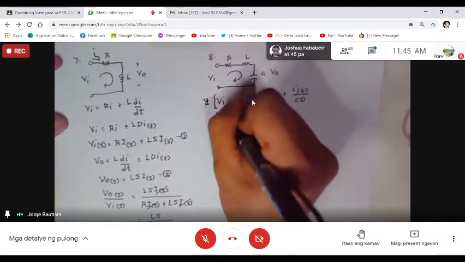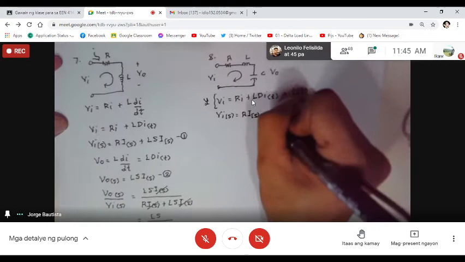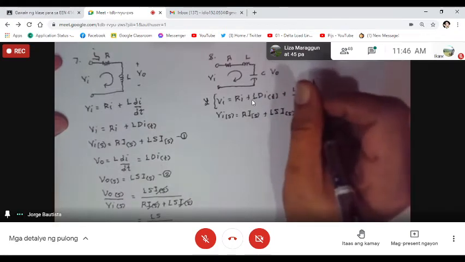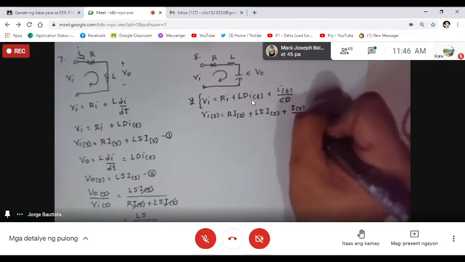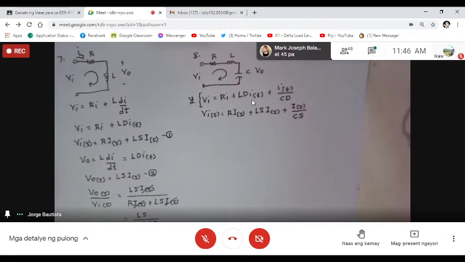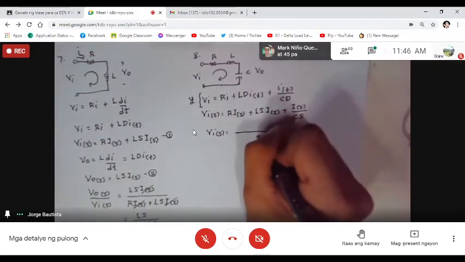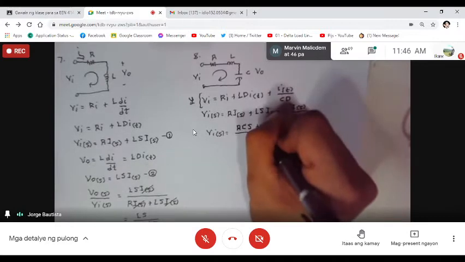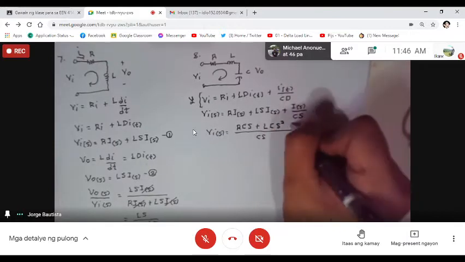Laplace of V sub I sub S. That is R I sub S plus L S I sub S plus, so you have I sub S over C S. Okay, so therefore V sub I sub S, that is all over C S, R C S plus L C S squared plus 1.